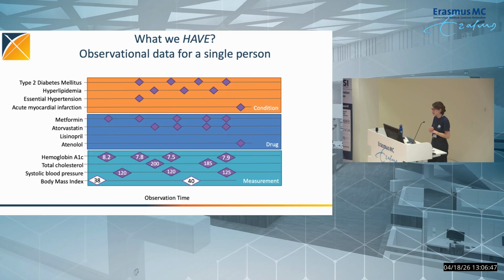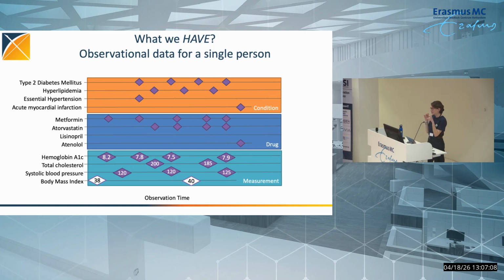This is an illustrative example of what observational data looks like for a person. This could be the clinical history of a patient. In yellow, we have records for different conditions. In dark blue, we have records for different drugs, and in light blue, we have records for measurements.